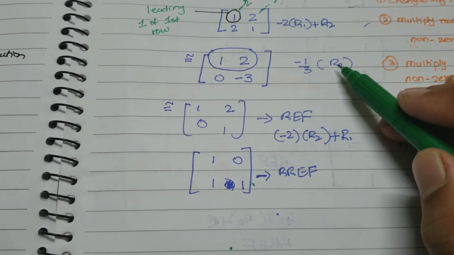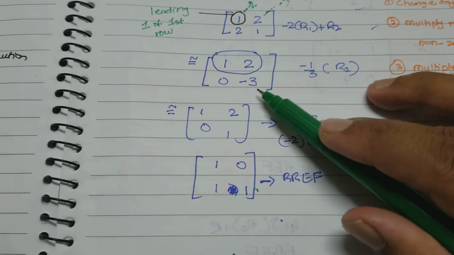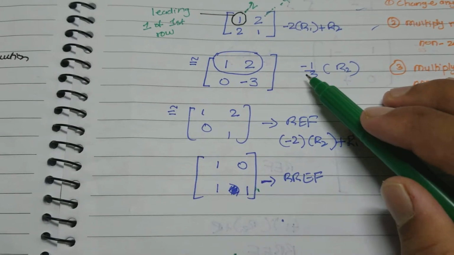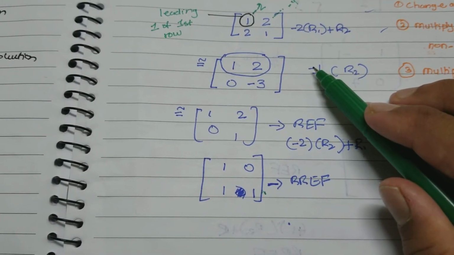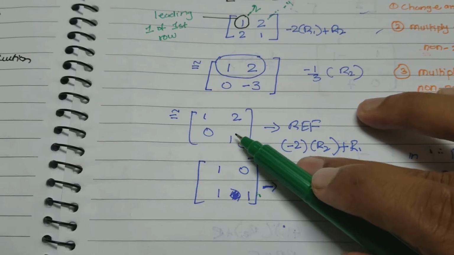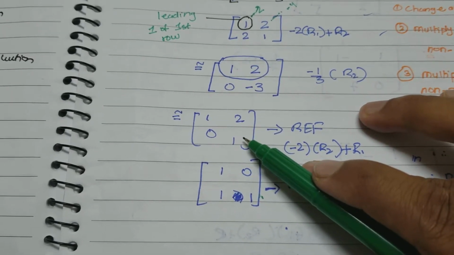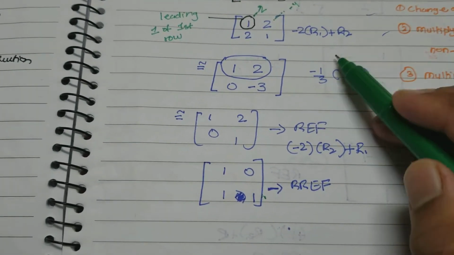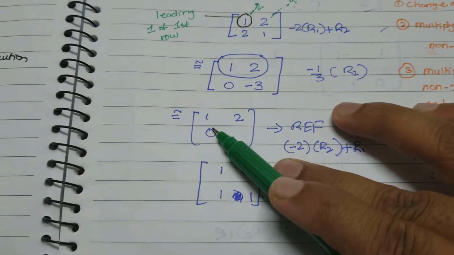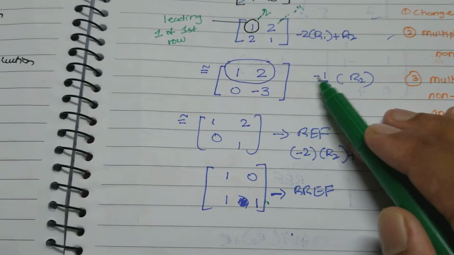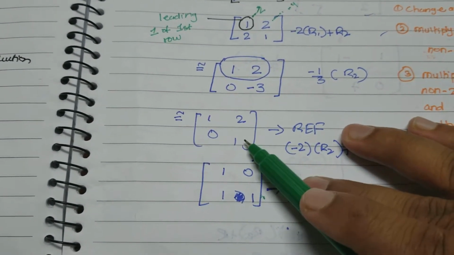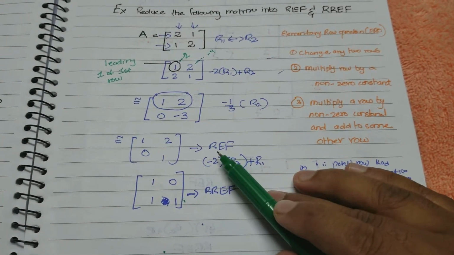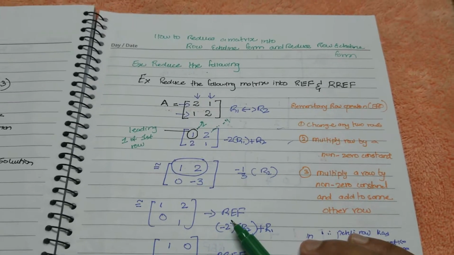We do this so that the 3 and the 3 cancel, and negative negative is positive, so 1 is achieved over here. Negative 1 by 3 multiplied by 0 is 0, and negative 3 multiplied by negative 1 upon 3 gives 1. So the REF form is achieved.